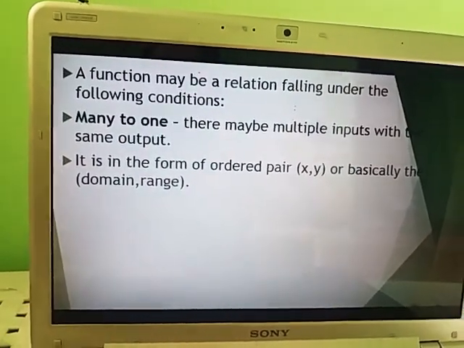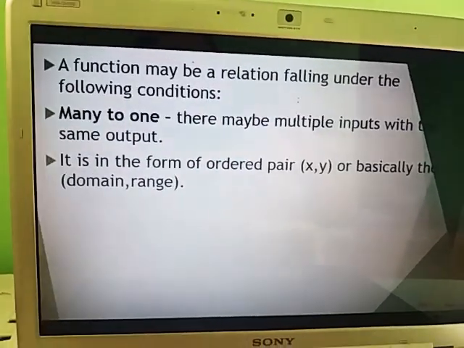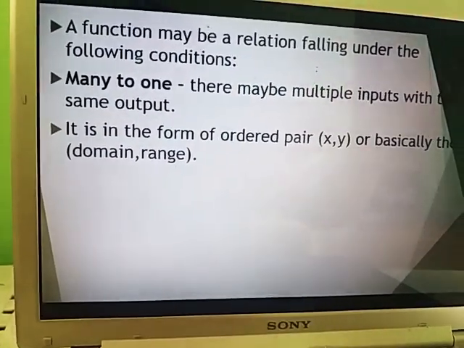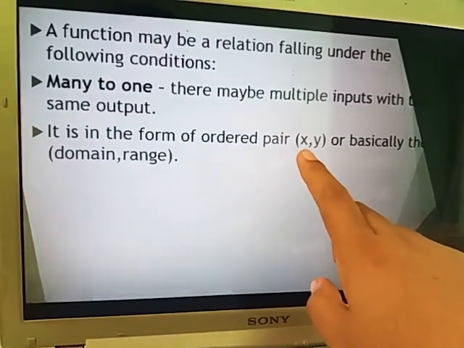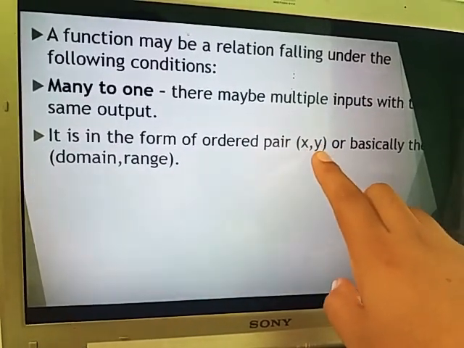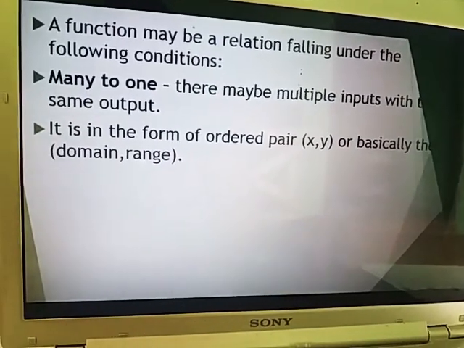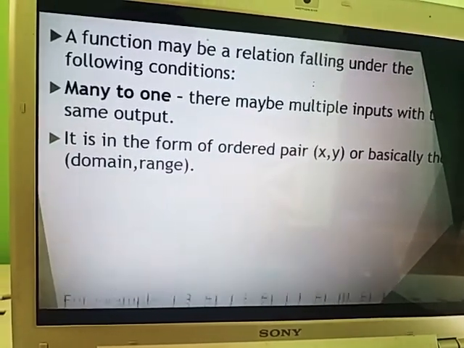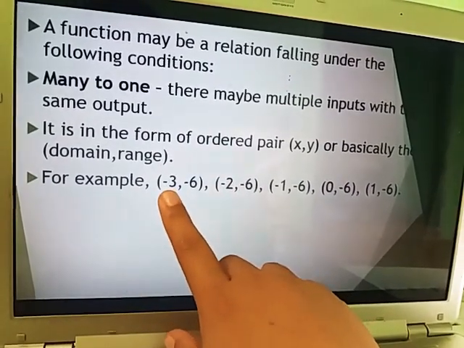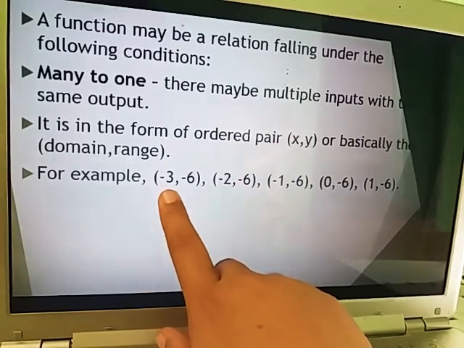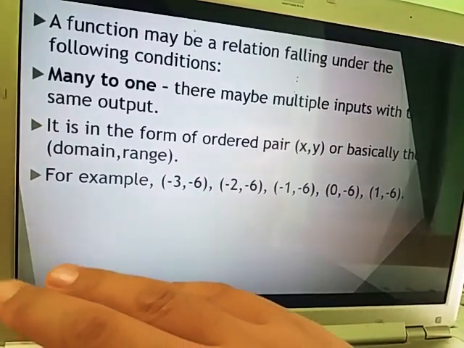Functions can be in the form of ordered pairs, just like what we have in the previous example. So an ordered pair is in the form X and Y, or basically your domain and range, or your input and output. Okay, so let's have an example. As you can see, pag set, braces.